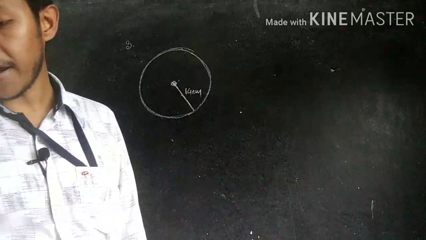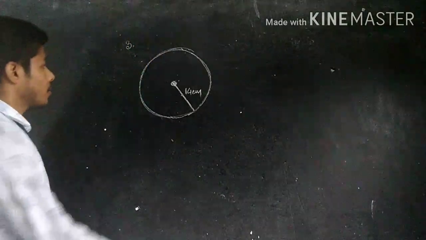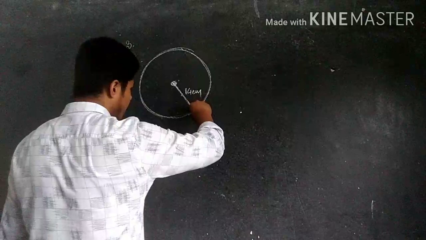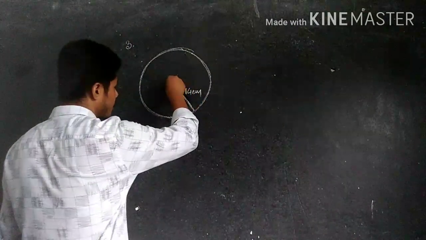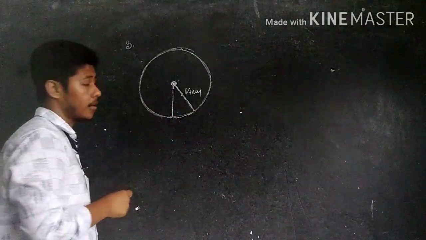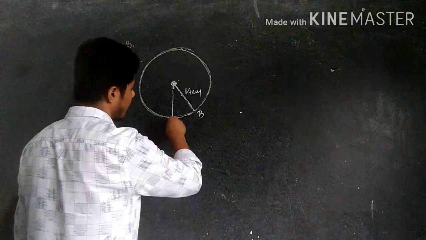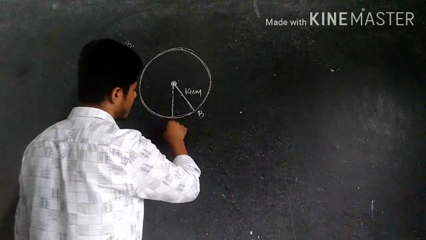And after that, find the area swept by the minute hand in 5 minutes. So if this one is the minute hand, here we represent after 5 minutes. Suppose it starts here and is placed at this place after 5 minutes.